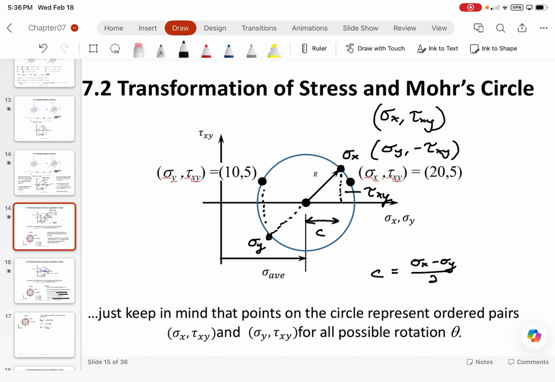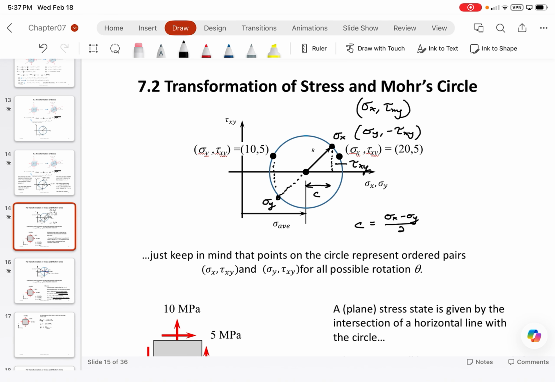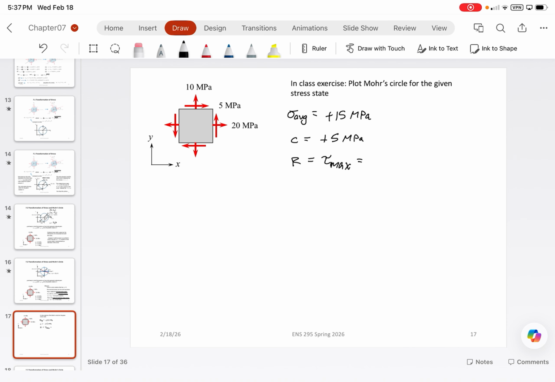And with that in mind, what we end up with is C as a horizontal component, tau xy as a vertical component. And so what's the radius of the circle? You can use Pythagorean's theorem in order to find that. So our radius of the circle just becomes the square root of c squared plus tau xy squared.